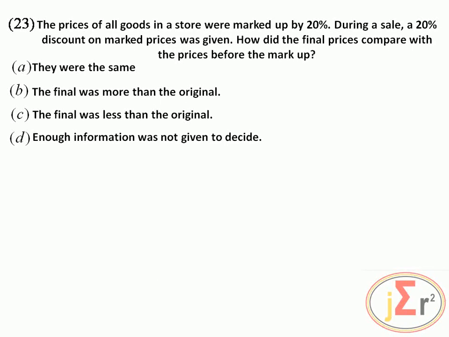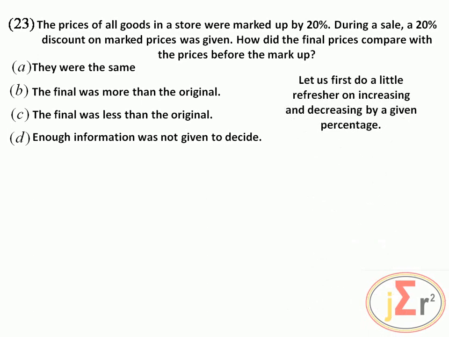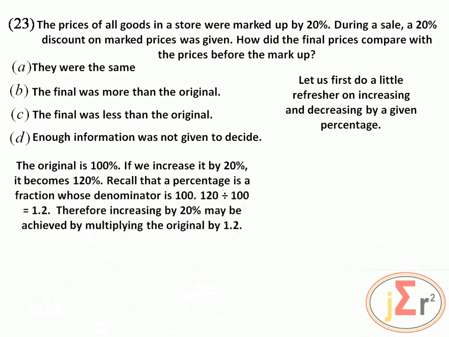But I beg to differ. Let us first do a little refresher on increasing and decreasing by a given percentage. The original is 100%. If we increase by 20%, it becomes 120%.